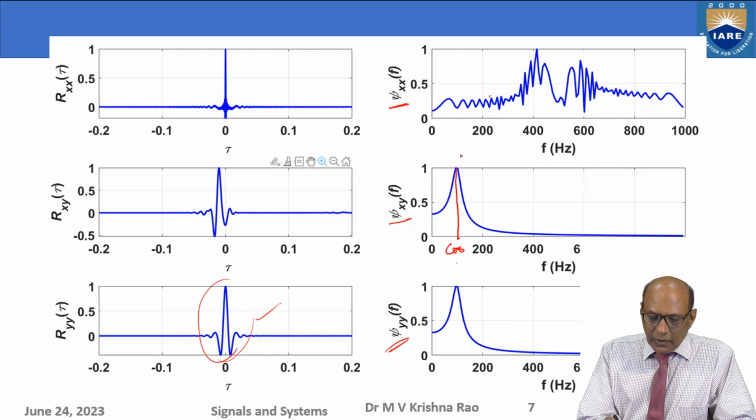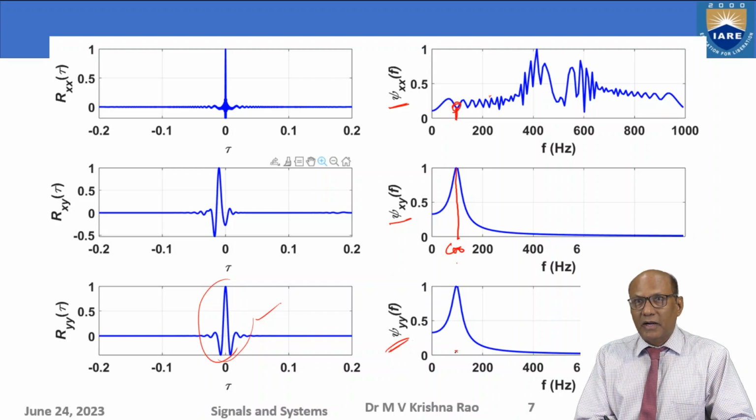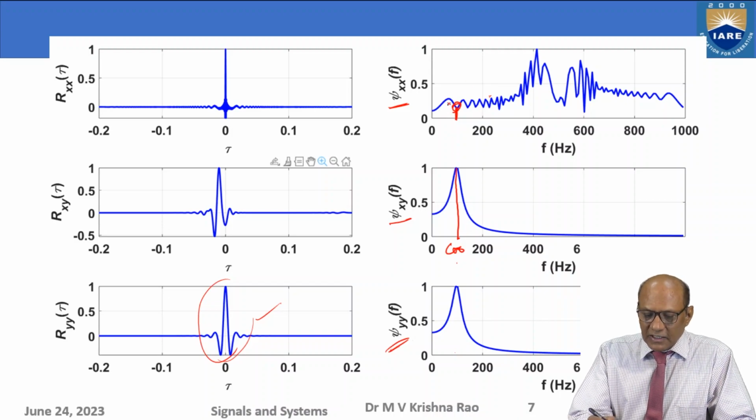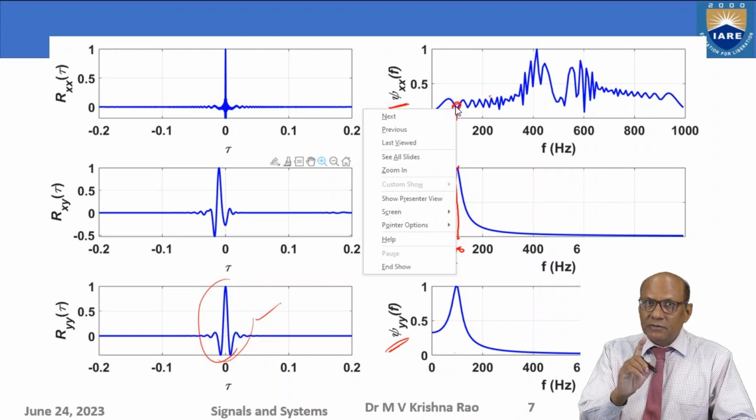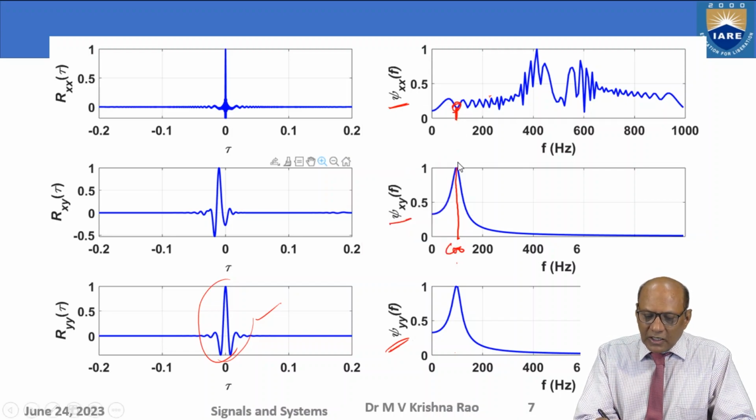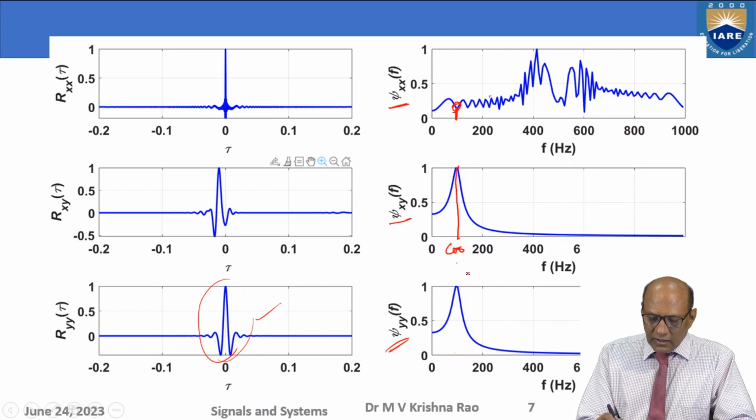So this 100 point is somewhere here at this point, so it is capturing only these things because of the smaller bandwidth. When I multiply this and this, what will happen? At this point, one point is multiplied by 1. Other points are all multiplied by 0.9, 0.8, 0.7, like that. So wherever I have multiplication with 1, I have 1. All other things, this side and that side, will come down.